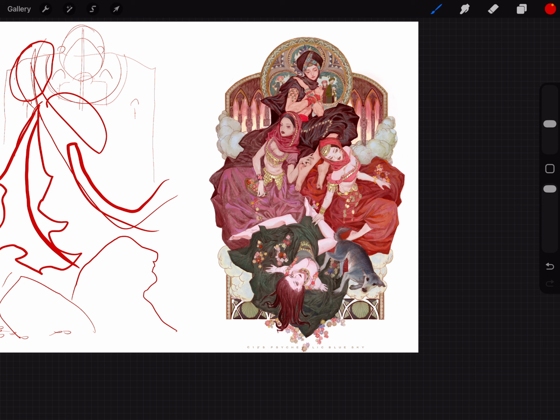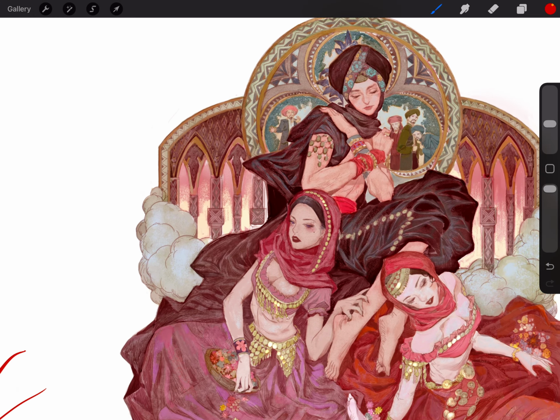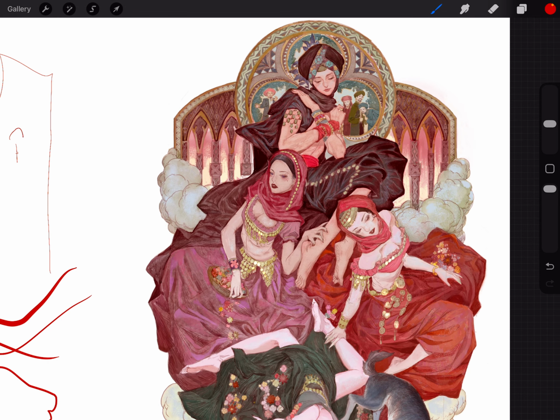He's got these inspirations that he's taking from, I would assume, Islamic art, especially the tile decorations, or maybe it's Persian. I guess with the belly dancers, this would be more of a Persian influence, right?